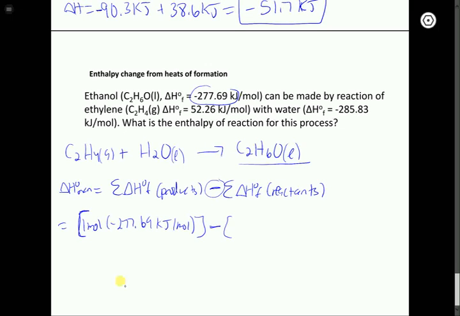We have 1 mole of C2H4. Its delta H of formation is positive 52.26. And then the second reactant is water. We have 1 mole of water. Its delta H of formation is given to us as minus 285.83.